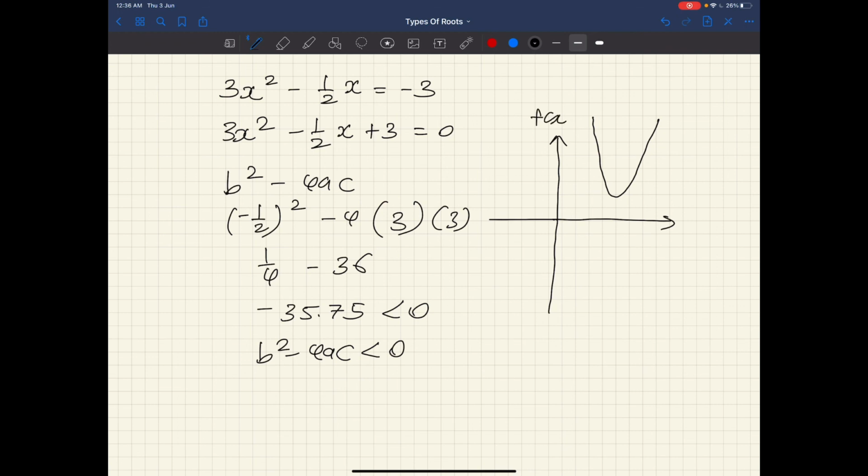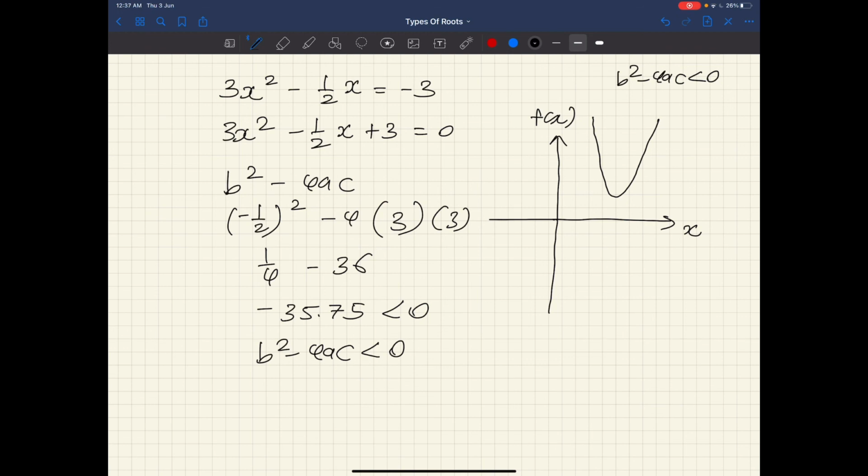This is my f(x), this is my x. This is just a simple sketch. How does the graph look for b squared negative 4ac less than 0? This is not quite accurate, not specific to the equation over here. Just a sketch to let you understand graphically how this looks.